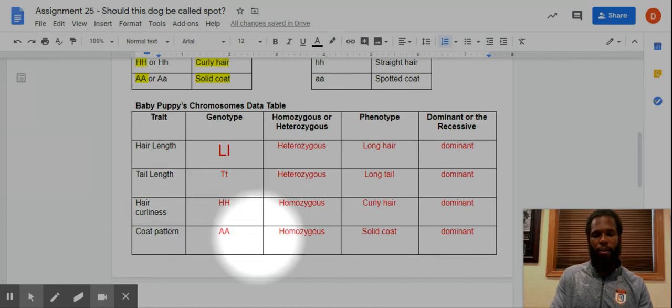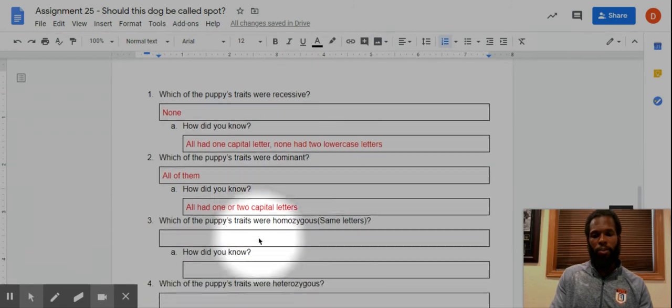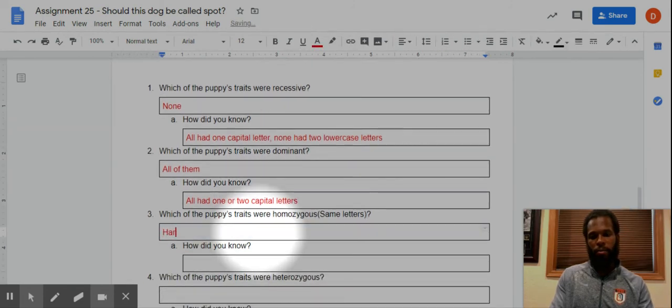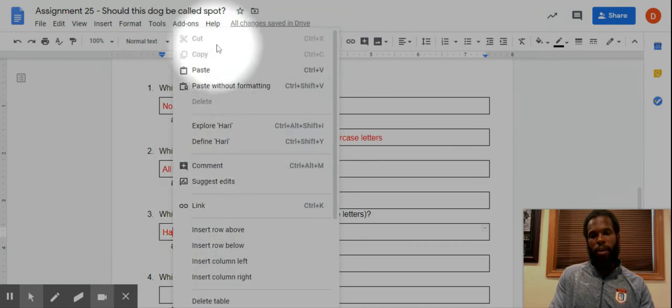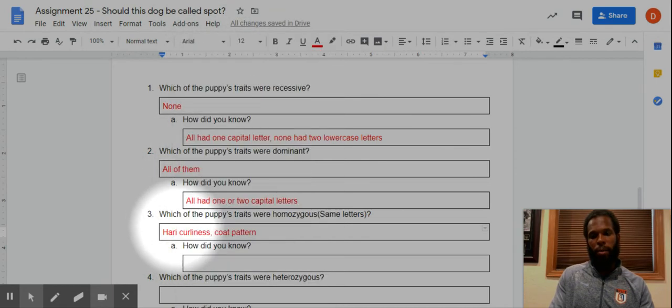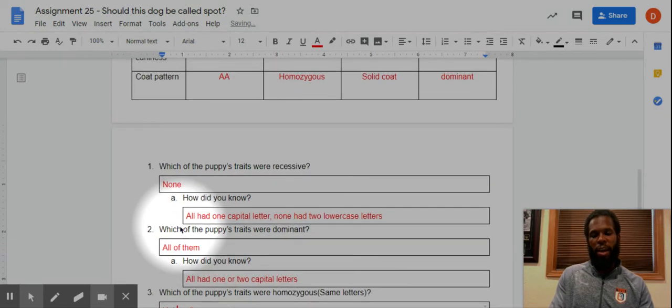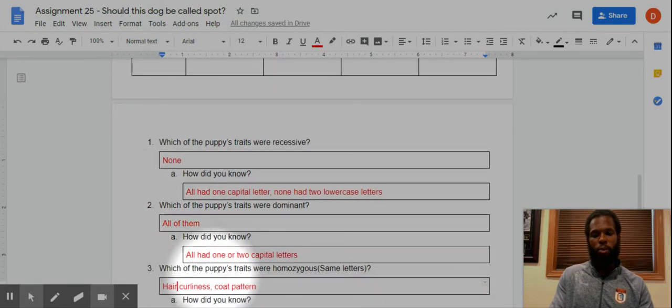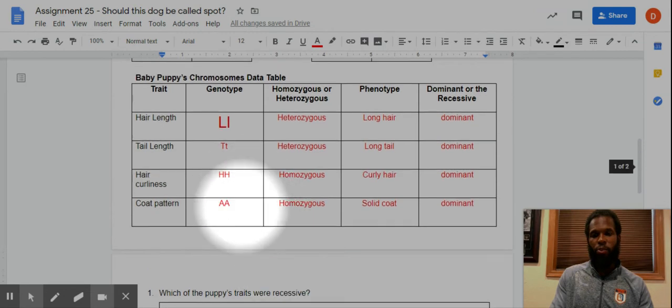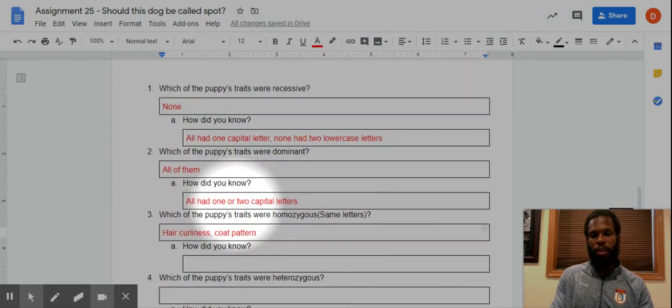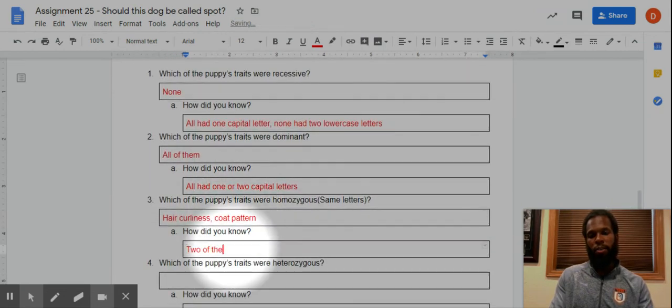And coat pattern, okay? So we have hair curliness, coat pattern. How do we know that they are homozygous? Well, homo means the same because they have two of the same letters, right? They both had two of the same letters.